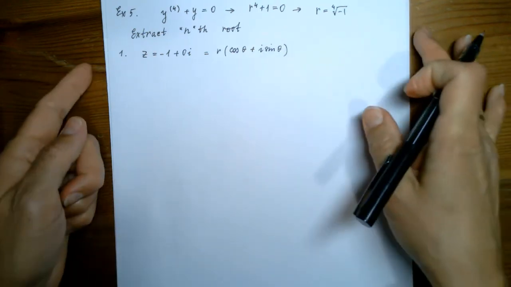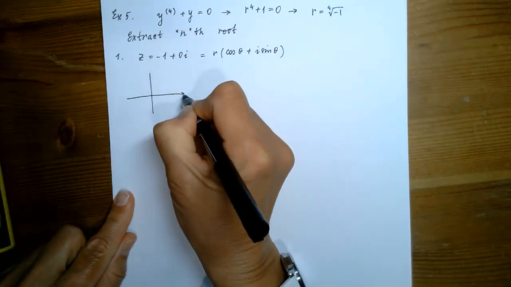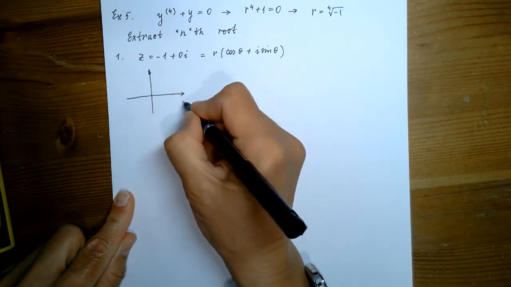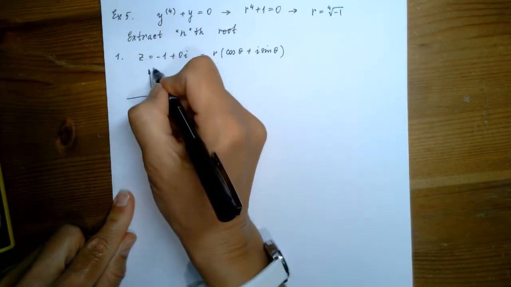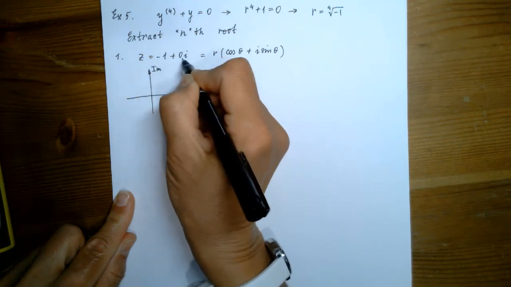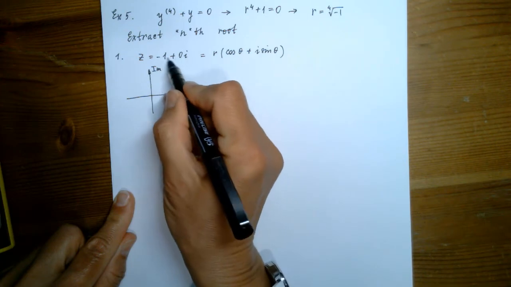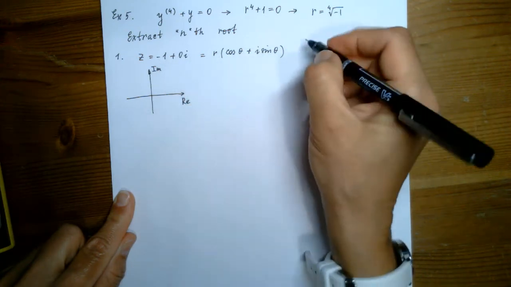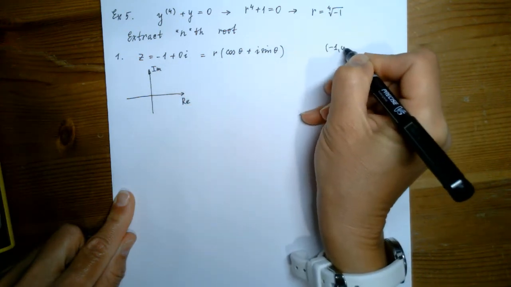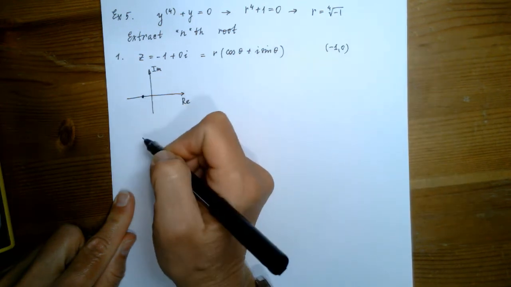How do we obtain this polar form? If you use a complex number plane where you graph the real part on the x-axis and the imaginary part on the y-axis, any complex number is a pair of two numbers which can be treated as x and y coordinates. For example, this number is actually the pair -1, 0. If I graph it here, the point sits over here.